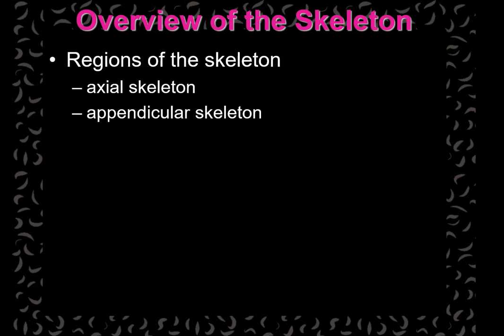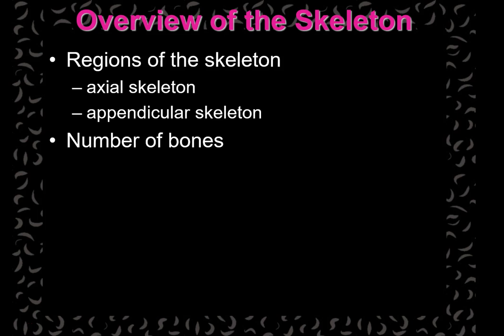So ribs, vertebrae, sternum, okay? The one they like to throw out there to try to confuse you a little bit would be clavicle. What would that be? Would that be axial for protection or more appendicular for appendages, arm, leg? Appendicular, okay.